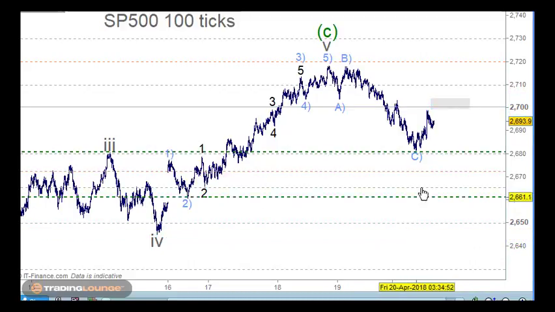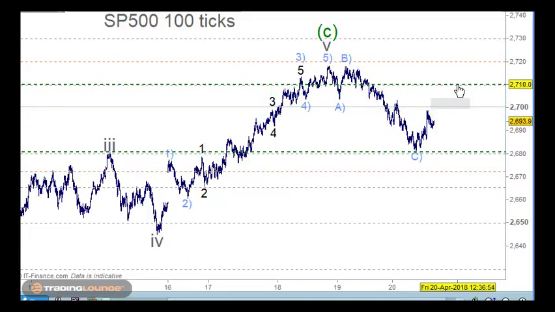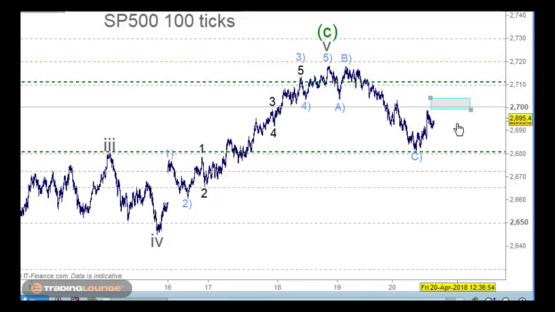So if we're going to go long again here, we want to be a little bit clear on it. So perhaps I'll just exaggerate this here, but let's just get some sort of support on the 2720 here.